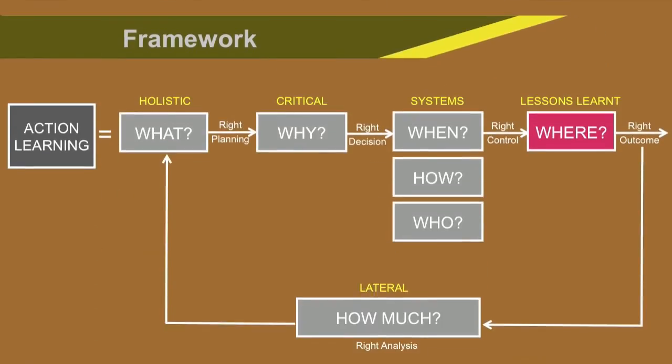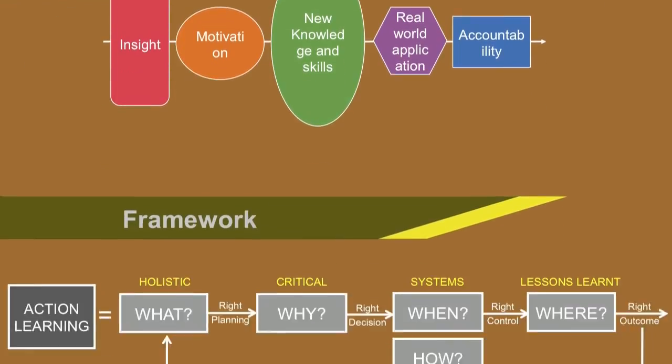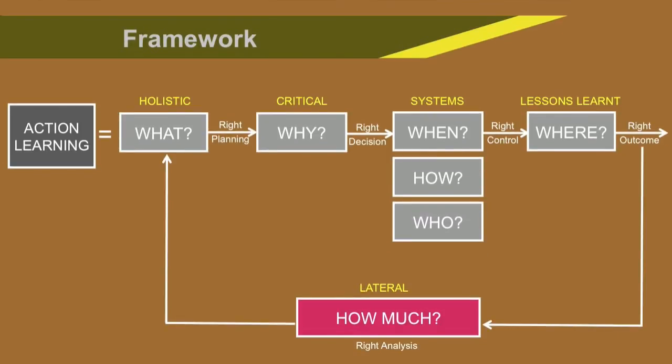The next one is where. In this section, I'm going to analyze where goes right and where goes wrong, where the self-development is a transformation process. Therefore, it is important to prepare for a contingency plan in case something goes wrong. And the last one is how much. In this section, I'm going to use the GOT diagram.